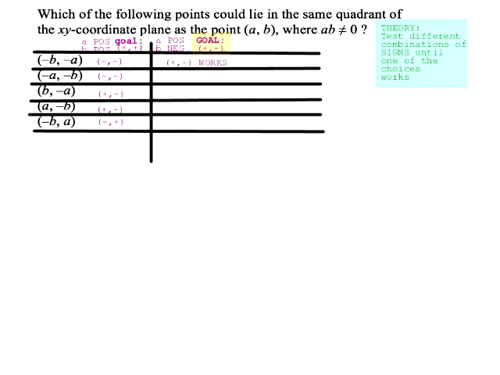And we can still try the other choices. It won't take long just to check on our work, right? If A is positive, then minus A is negative. And if B is negative, then minus B is actually positive. So now B is negative and minus A is the opposite of positive, so that's also negative. A is positive and minus B is the opposite of negative, so that's also positive.